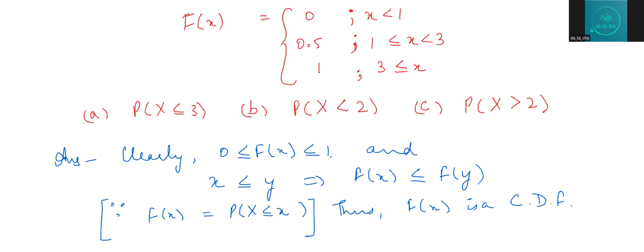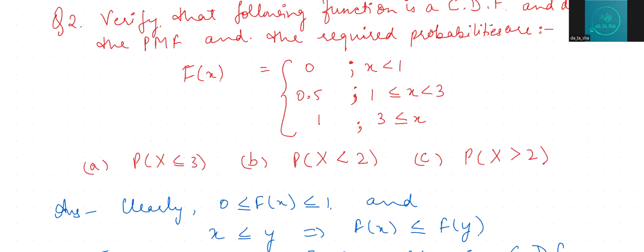So in the probability mass function, your capital X has only two values, 1 and 3. So how would we find the value? Here you would see that F for x less than 1 is 0 and for x greater than or equal to 1 is 0.5. So for X equal to 1, that's nothing but 0.5 minus 0. And for x equal to 3, we subtract 1 minus 0.5.